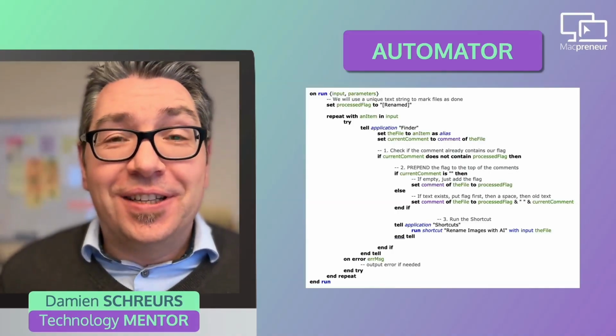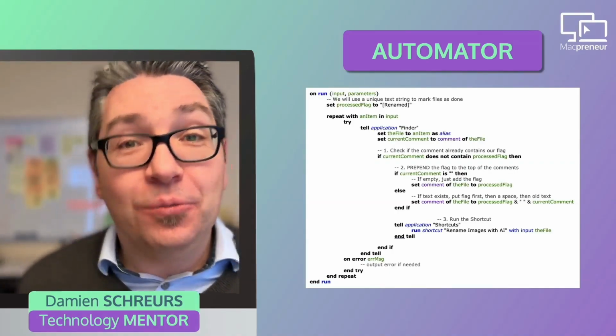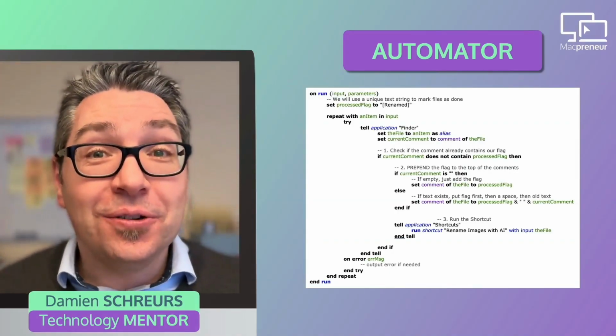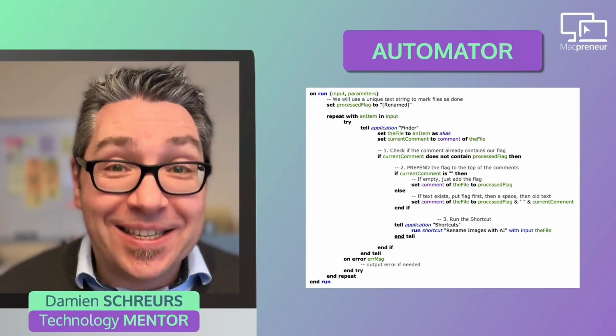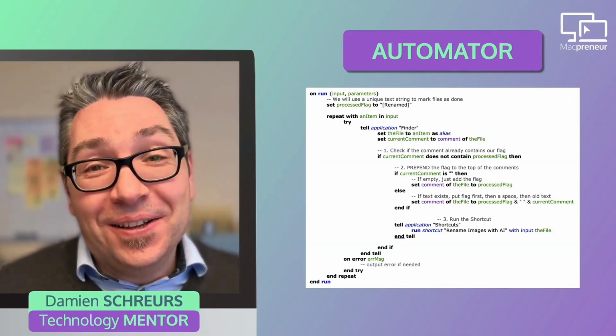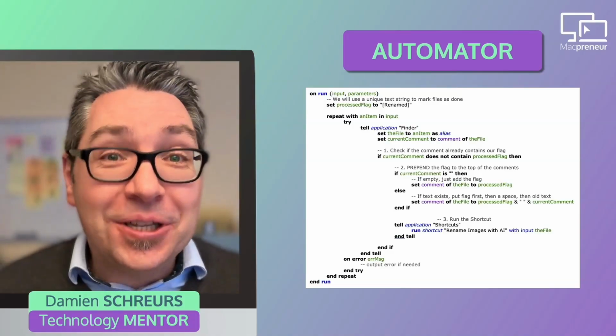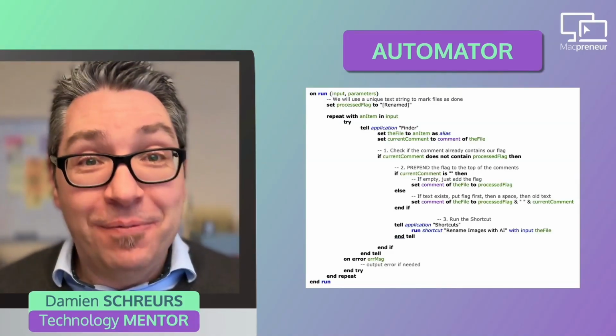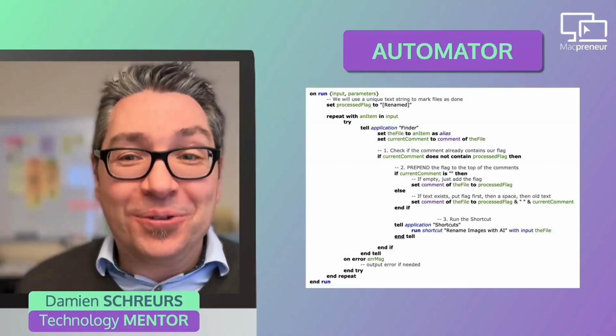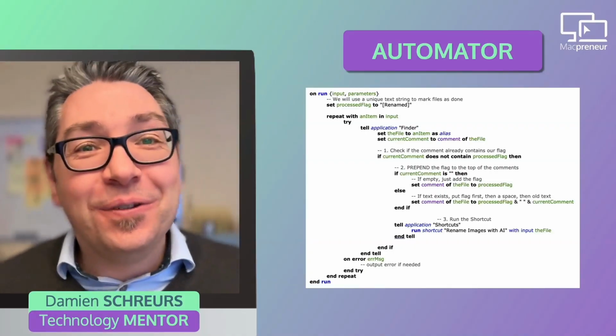The challenge that I faced when trying to implement it was to prevent the automation from running every time that an image was renamed, because when my shortcut renames the image, Automator believes that there is a new file that just landed in the same folder. So at the beginning, it was running in an infinite loop.